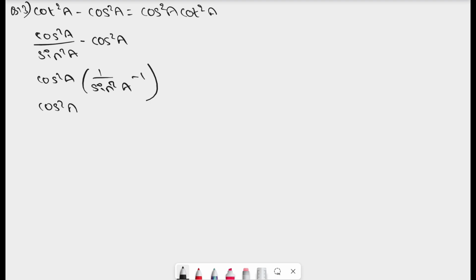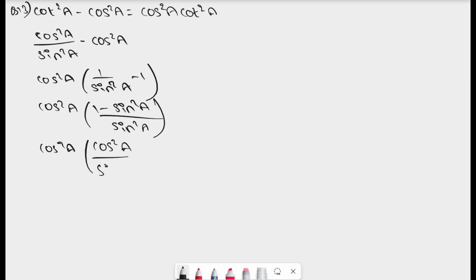So again, take the LCM here, we'll get 1 minus sin square A by sin square A. From our identities, 1 minus sin square A is nothing but cos square A. Cos square A by sin square A, and same, this cos by sin can also be written as cot. So we'll get cos square A into cot square A, which is our required RHS value. Therefore, LHS is equal to RHS.